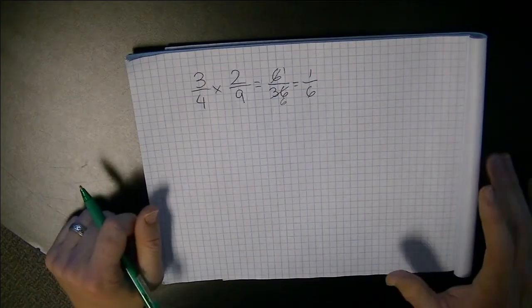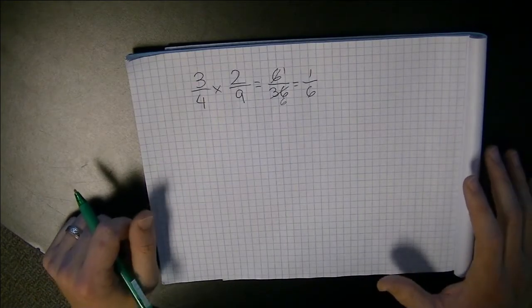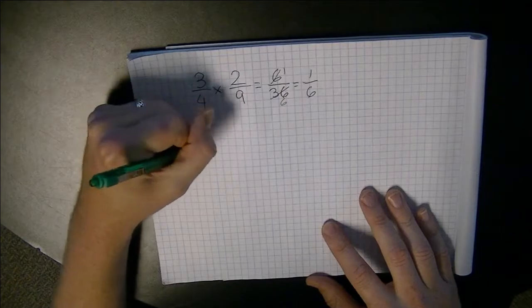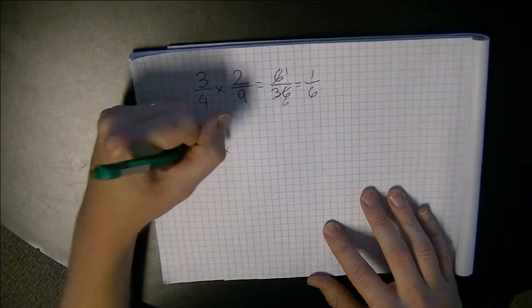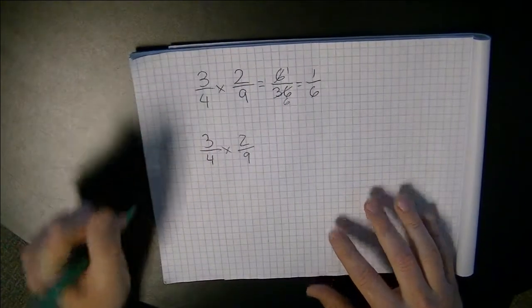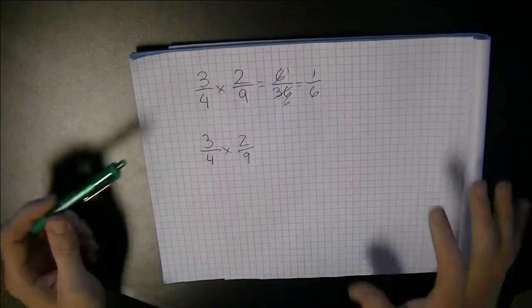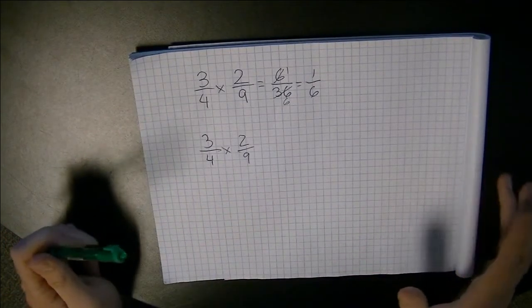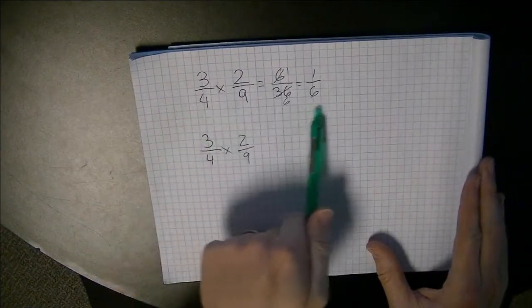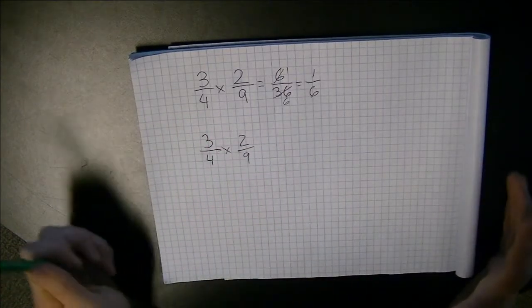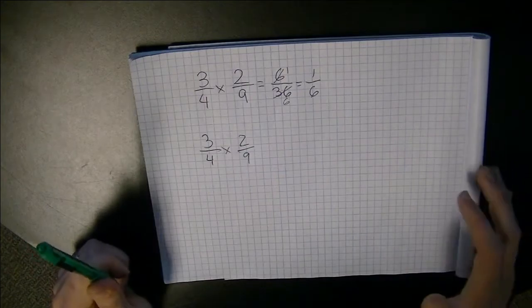There's another way that's a little bit quicker. I'm going to set this up again: 3/4 times 2/9. Now on a test, I am looking for whether you get the right answer. So the way that we have here is fine, but it's not the fastest way.